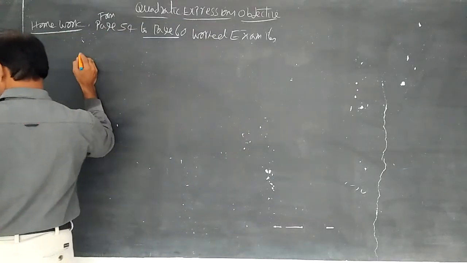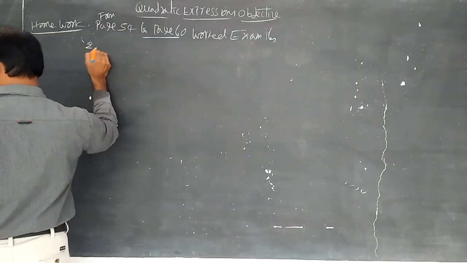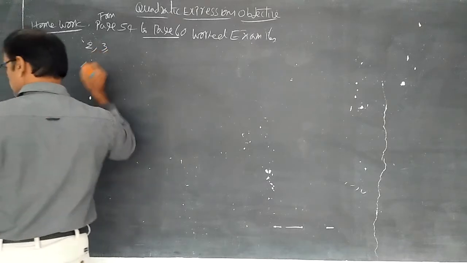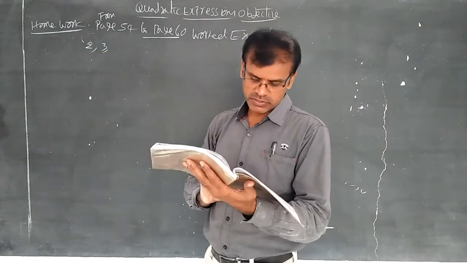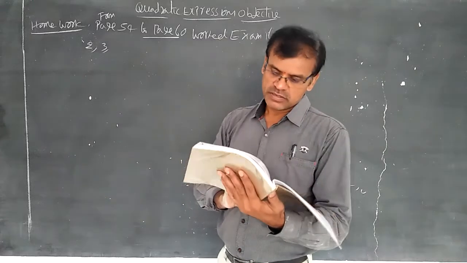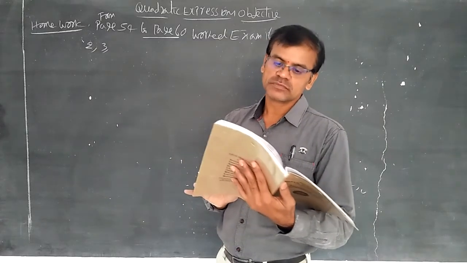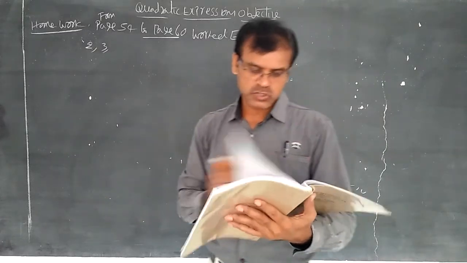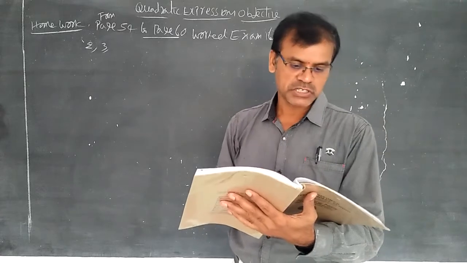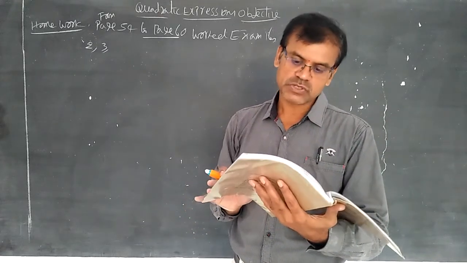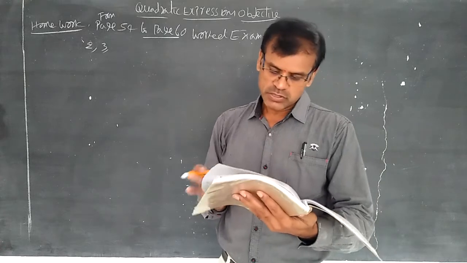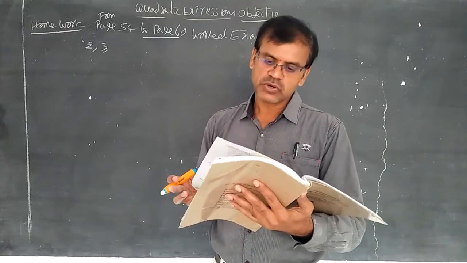Worked example 2 you do. 3, 4, 5, 6, 7, 8, everything you can do, I think. 9, 10, 11, 12, 12 and 13 I said, students. Except 12 and 13 you do all the sums. 20 I said, students. 12, 13, 20 I said.